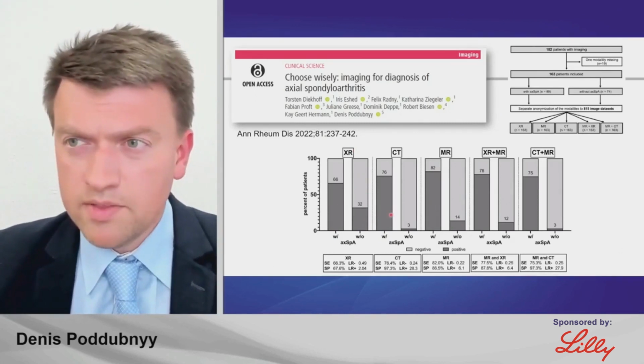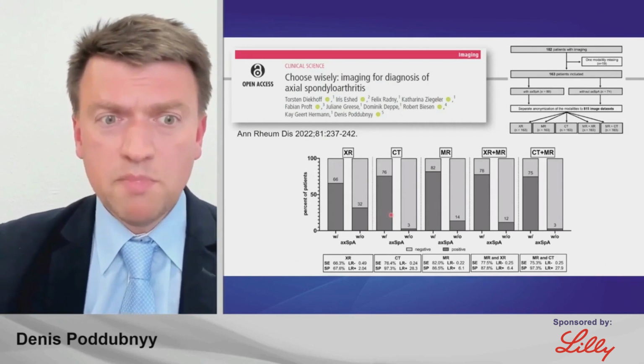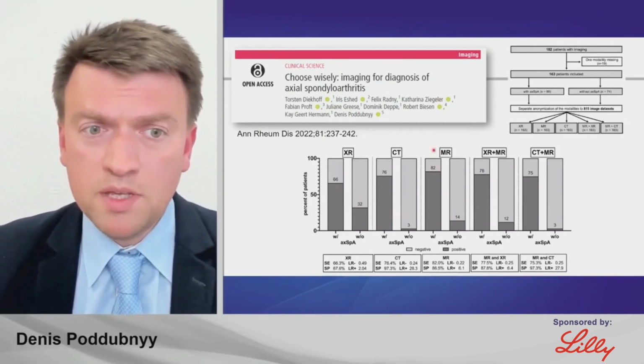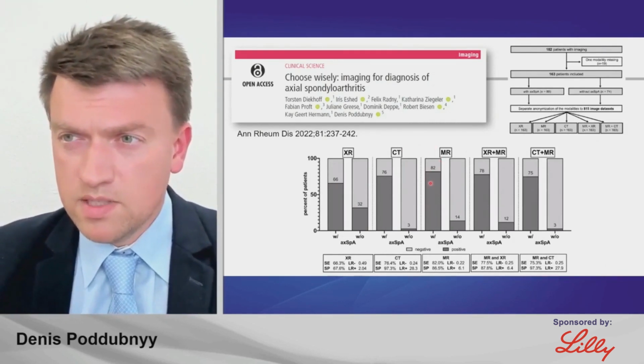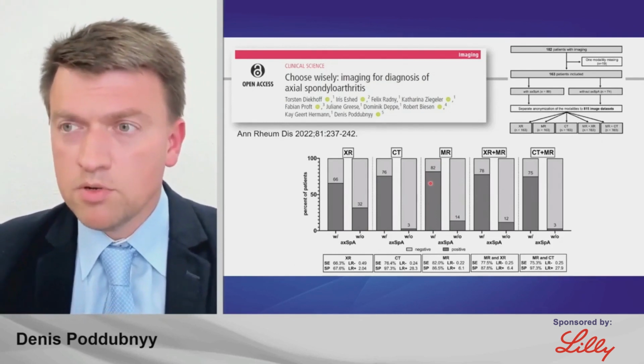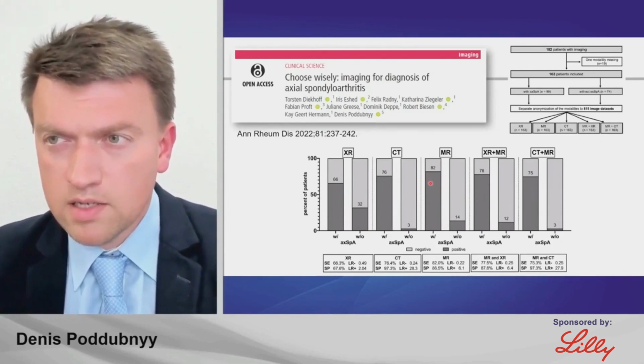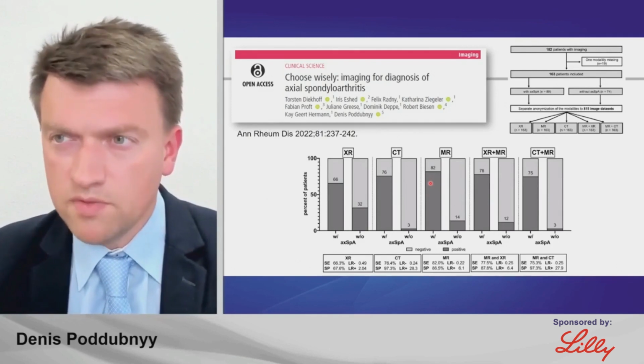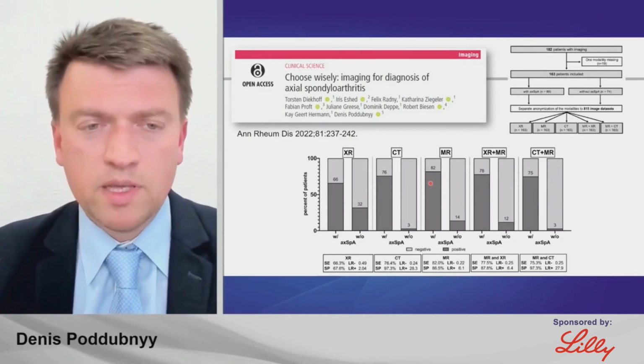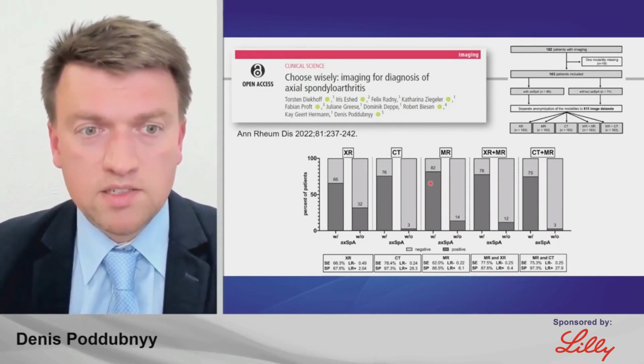If you look at the imaging method with the highest sensitivity, it will be MRI. And this is clearly related to the fact that MRI is able to detect not only structural changes, but also active inflammatory changes. So with MRI, we can capture very early disease stage.